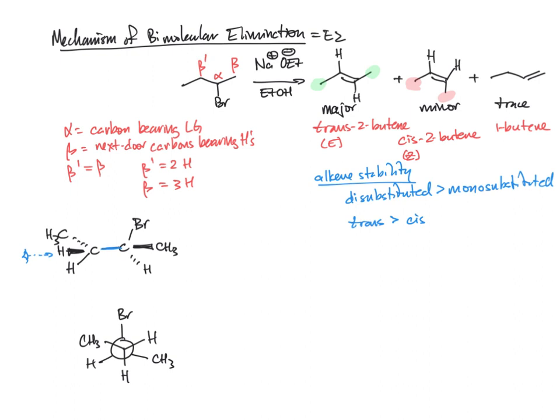So here we have our base, sodium ethoxide. It's abstracting that hydrogen. We're forming that pi bond, and then this is leaving. So we're proceeding through a transition state for elimination. This bond is partially breaking.